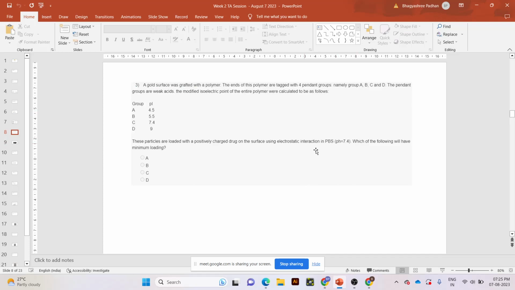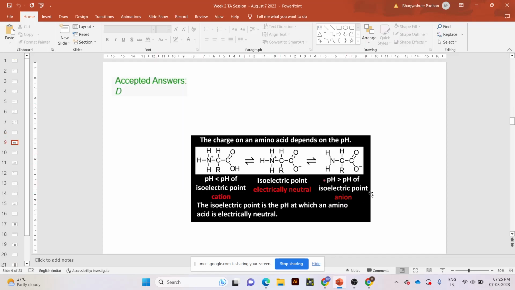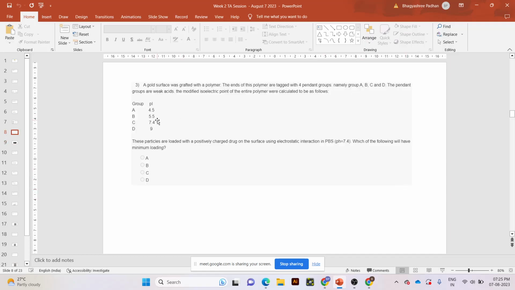So here pH is 7.4. 4.5 and 5.5 are less than 7.4, so they will be negatively charged. Then at 7.4, it will have neutral charge, and D, with isoelectric point 9, will be positively charged. Now we are loading these particles with positively charged drug, and we need to find out which has the minimum loading.